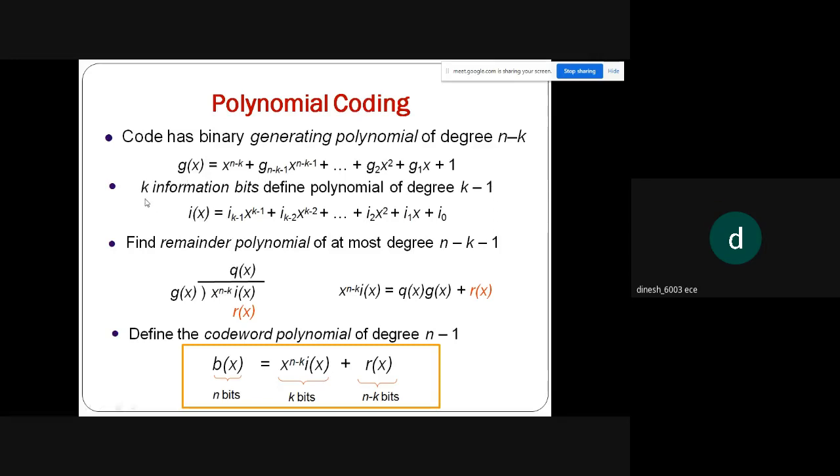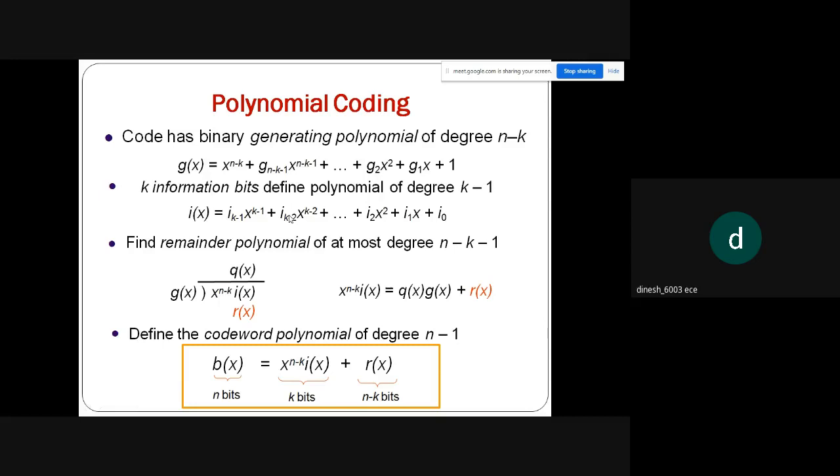So if k information bits are defined with a polynomial of degree k minus 1, then I can write I of x is I0 plus I1 x plus I2 x square plus I3 x cube till i(k minus 2) x power k minus 2 plus i(k minus 1) x power k minus 1.